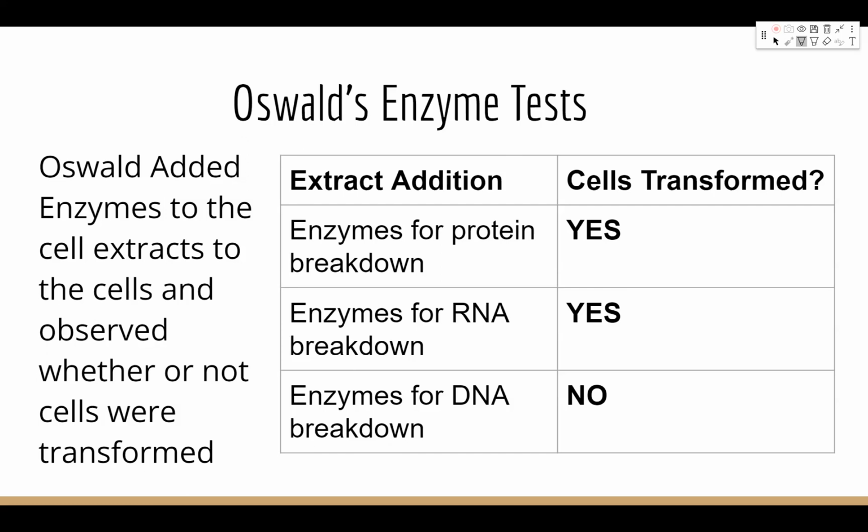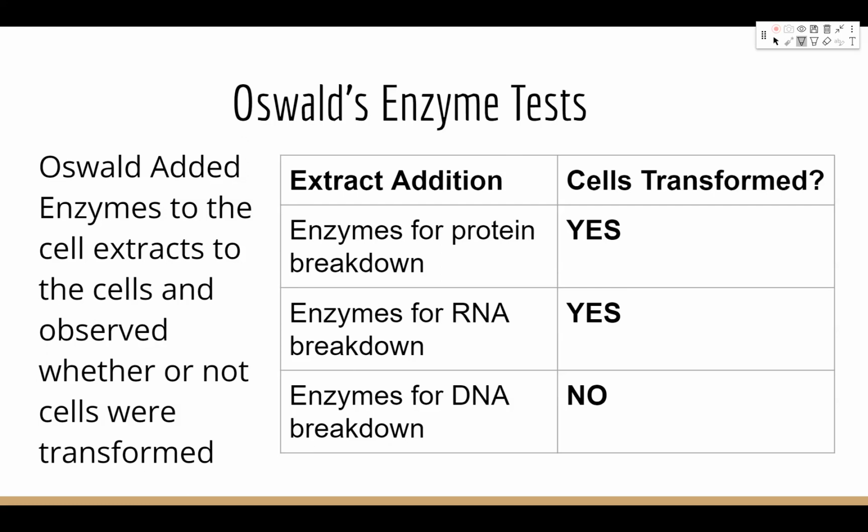And I've got this chart in your notes as well. So they took the extract and put in an enzyme that broke down proteins. So once that's in there, that means there should be no proteins left in the mixture, right? If all of them are broken down.